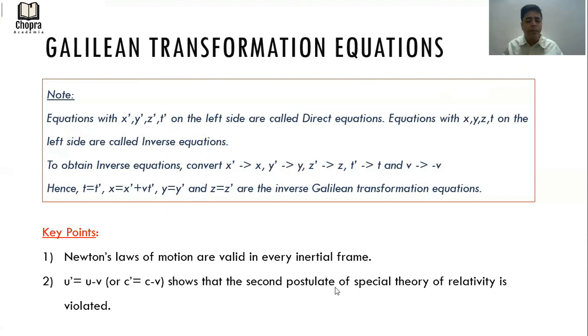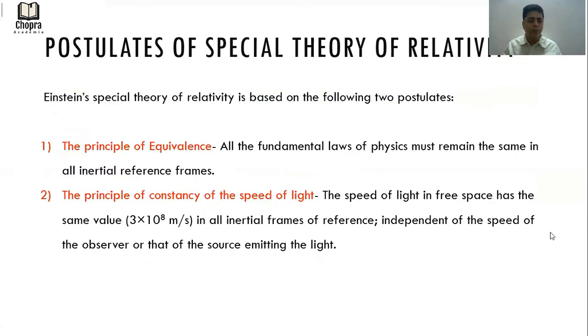So we get to the postulates of special theory of relativity. These postulates were given by Einstein, and these are very, very important, and these are the pillars of our special theory of relativity. The first postulate is the principle of equivalence, which says that all the fundamental laws of physics must remain the same in all the inertial frames of reference.